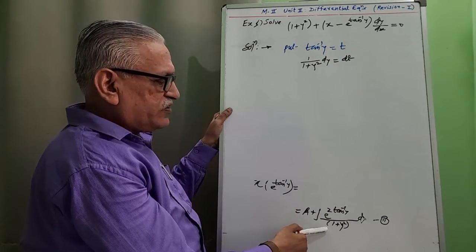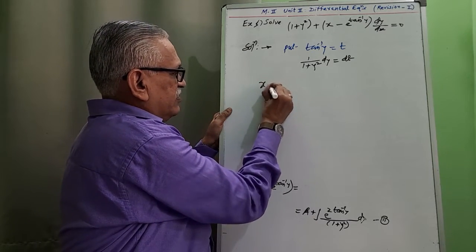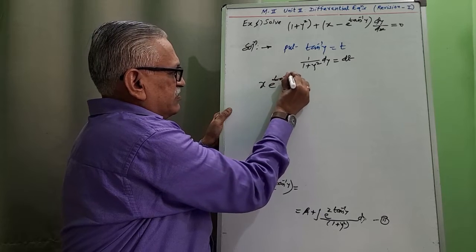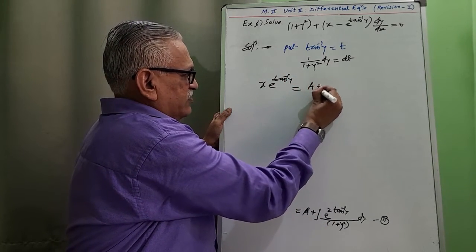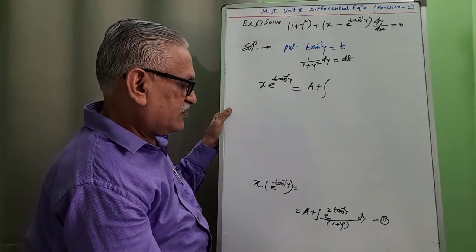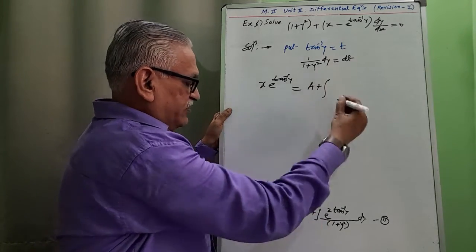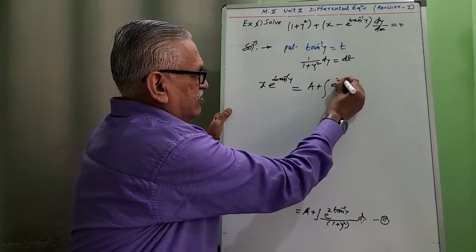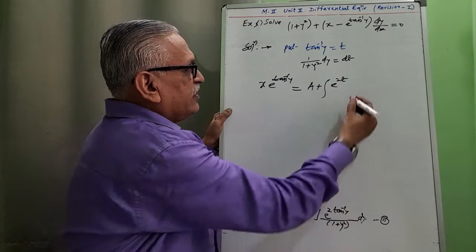Substituting that in equation 2, the left hand side is x e raised to tan inverse of y, equal to a plus, tan inverse of y is t, therefore it is e raised to 2t, and 1 upon 1 plus y square dy is dt.